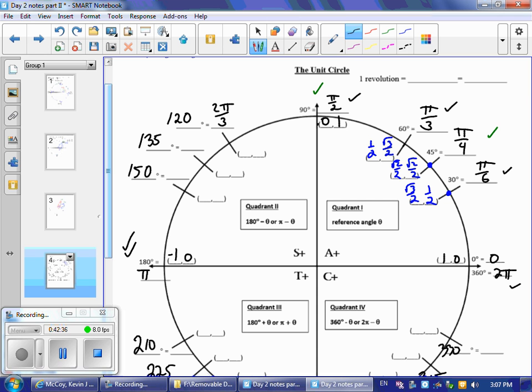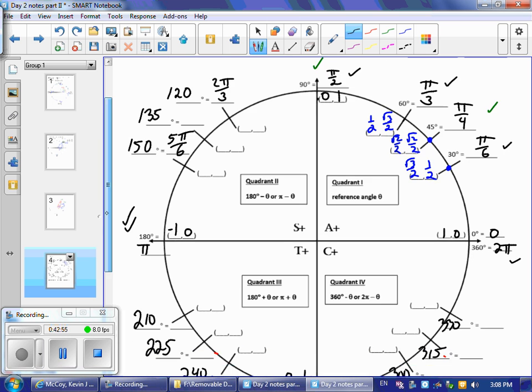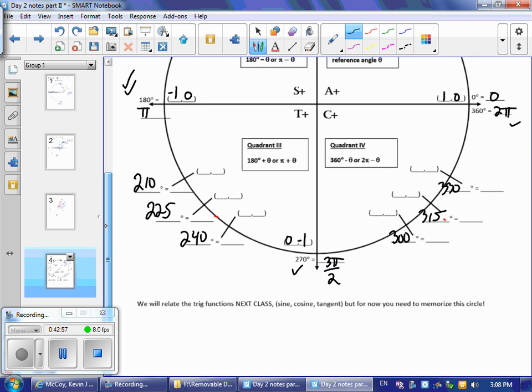The next one, because that was 4/6 pi, is going to be 5 pi over 6. That does not reduce, so we're going to go ahead and leave it like it is. The next one would be 6 pi over 6, but 6 pi over 6 is just pi, so that's the 180. The next one would be 7 pi over 6. That does not reduce.